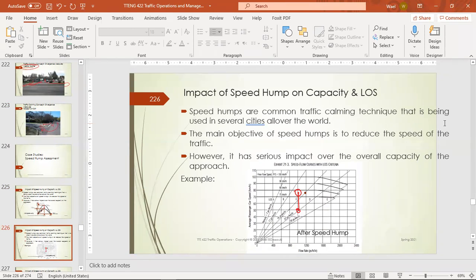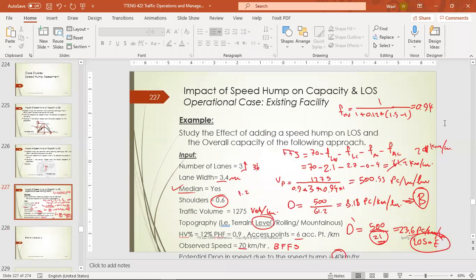For the same volume in this example, we had a speed hump that drops the speed to 40, and without the speed hump, that was level of service B. With the speed hump, the volume stayed the same, but the speed got reduced to this value, and we ended up with high density and much lower level of service.